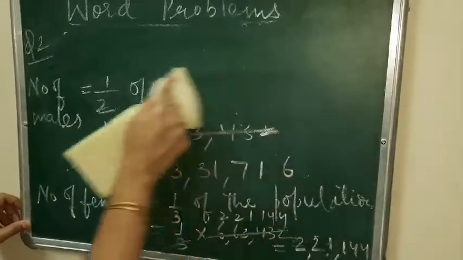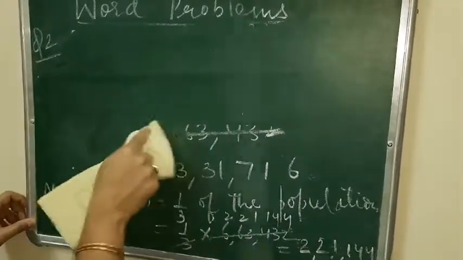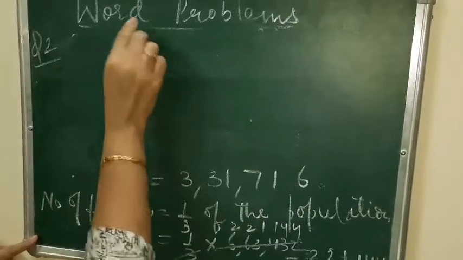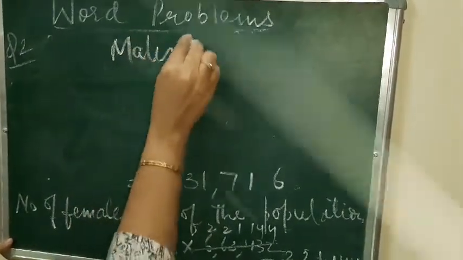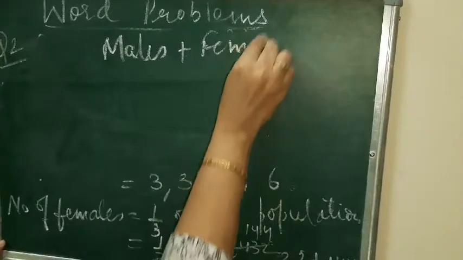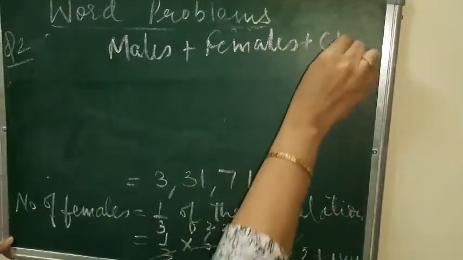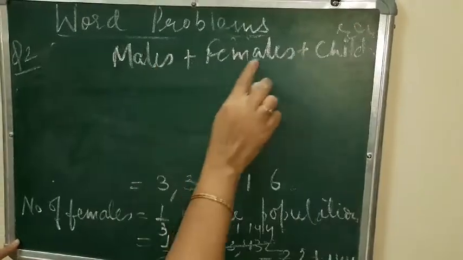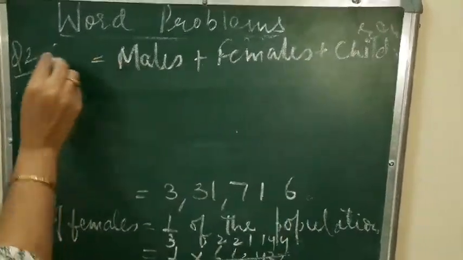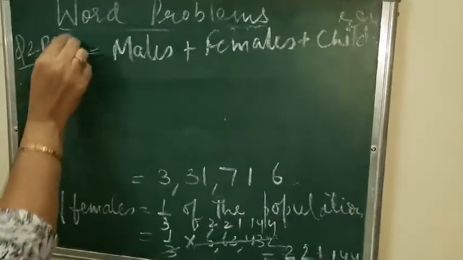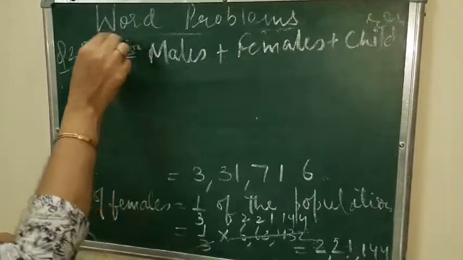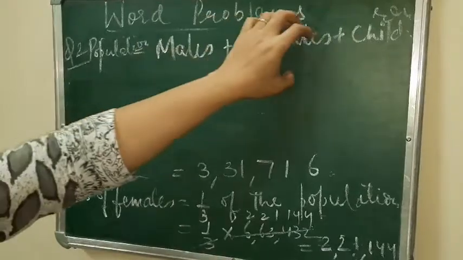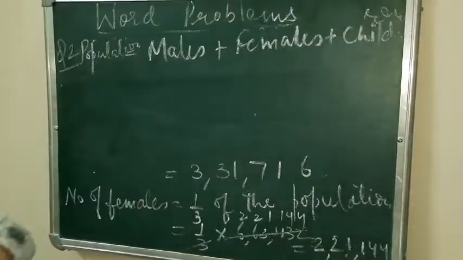Now for finding the number of children, what will be your equation? See, males plus females plus children. When you add all of them, what will you get? Males, females and children together will contribute to the total population. Total population is equal to number of males plus number of females plus number of children.